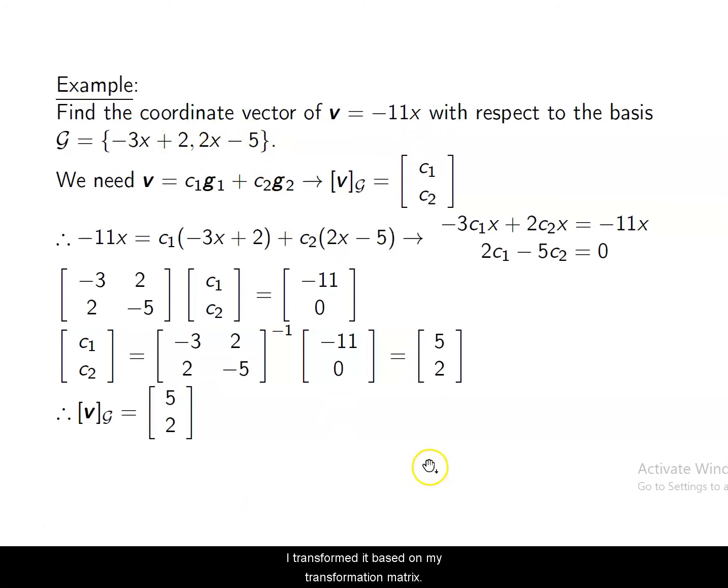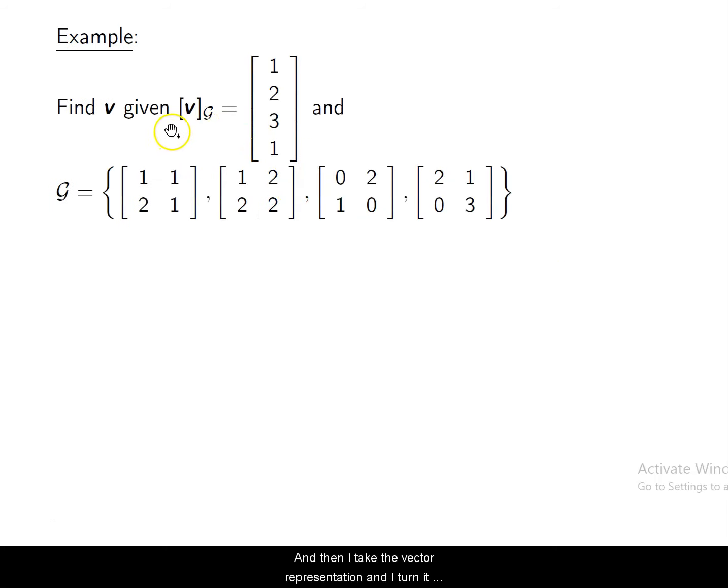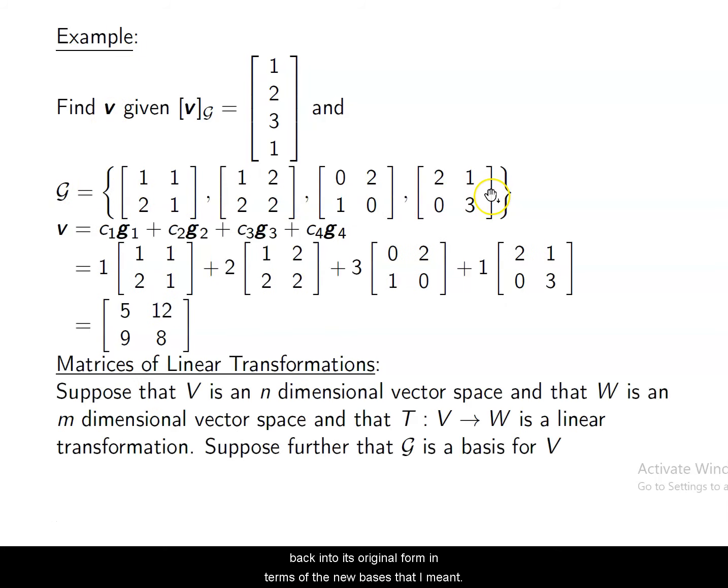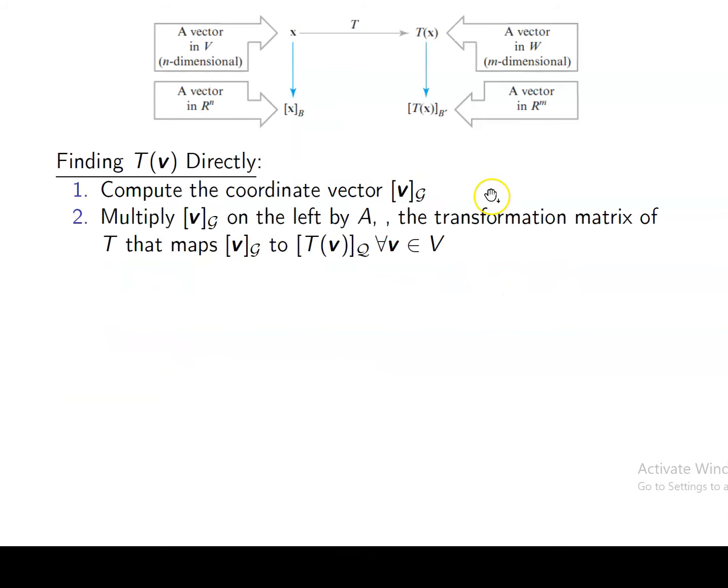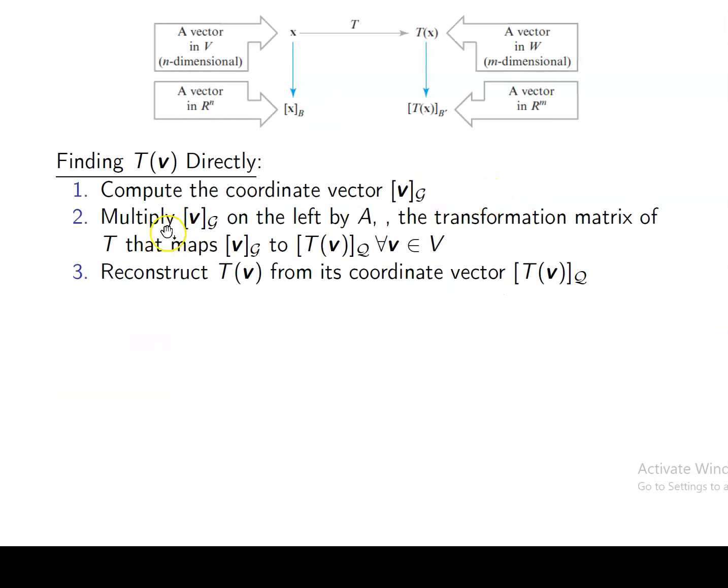I transform it based on my transformation matrix, and then I take the vector representation and I turn it back into its original form in terms of the new basis that I'm in. So I reconstruct this part from this part. I'm basically going from here to here to here to here, right?